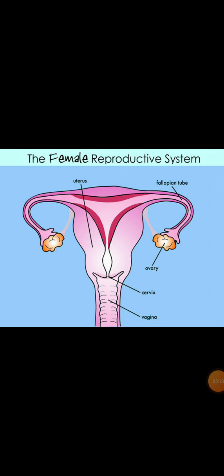As we can see clearly in the picture, both oviducts, these fallopian tubes, unite into an elastic bag-like structure which is known as the uterus. It is clearly seen that from both the sides the fallopian tubes or oviducts meet at one place, and that is an elastic bag-like structure known as the uterus.